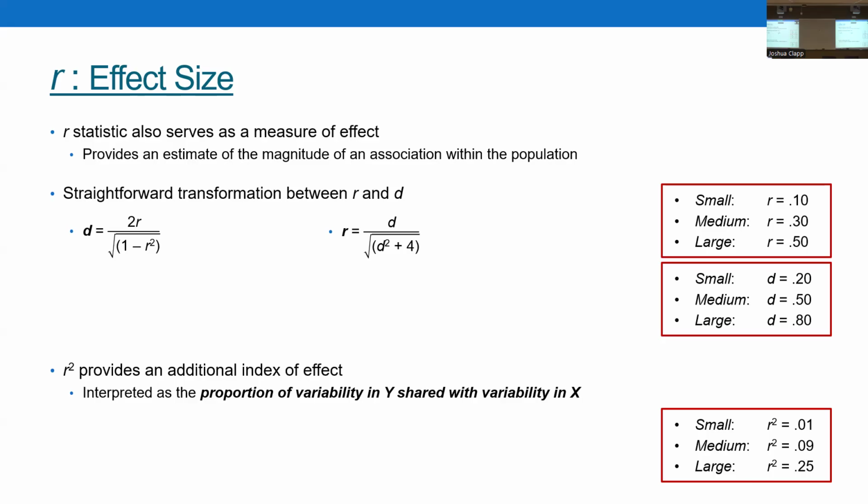But again, think of this as overlapping concentric circles: how much is shared there? If I have an R of 0.5 and I square that, I'm saying 25% of the variability in Y is shared with variability in X. So there's a relation there. If I take 0.1, 0.3, and 0.5 and square those, I get 0.01, 0.09, and 0.25.